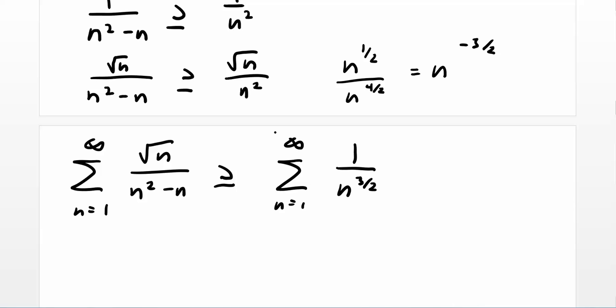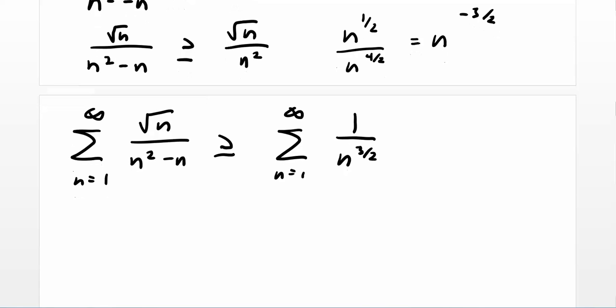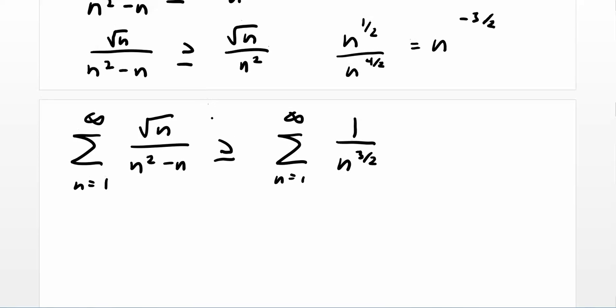We can try something else. The moral of the story is that you don't always get it right the first time. So we'll just try something else. It's no big deal. What we should do is try to build an inequality so that it points the opposite direction.